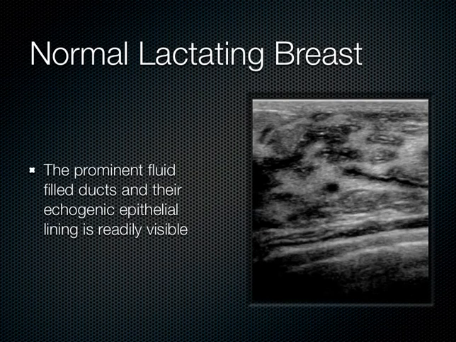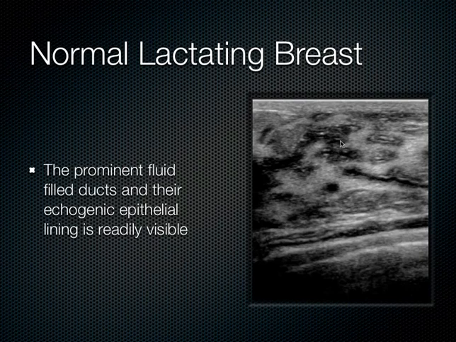Now, in the normal lactating breast, these fluid-filled ducts start to really become a lot more prominent because they're all filled with milk. And in some of these, you can see that epithelial layer be very prominent within the actual ducts.